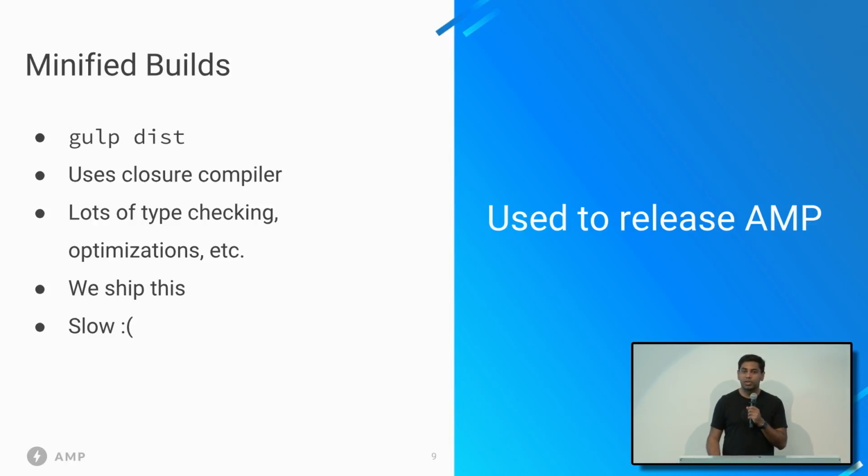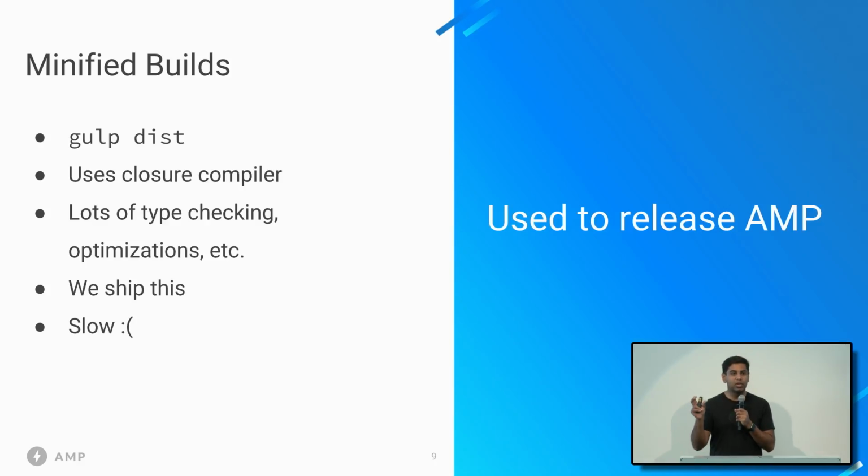The command we use to generate the AMP runtime as a minified build is gulp dist. It's one of the several commands you will use during your development process. It uses the Closure compiler, and it's a little slow because it does a whole lot of things like type checking, optimizations, clearing out of dead code, etc.